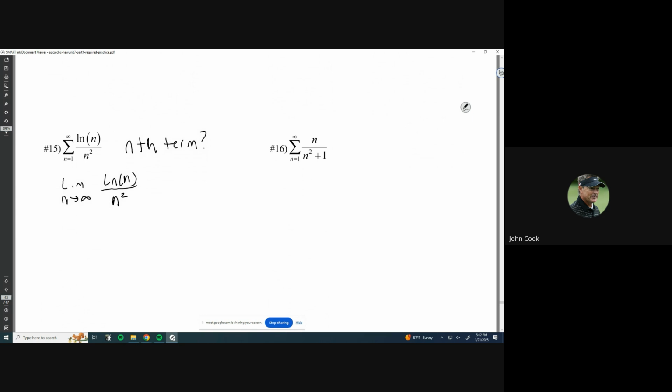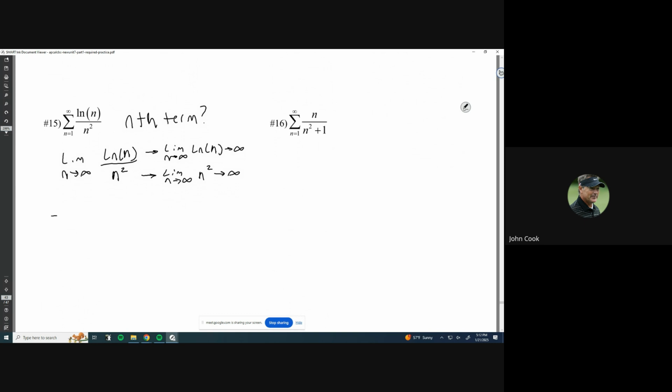So then let's see the top part. That becomes limit as n goes to infinity of natural log of n. So that'll go to infinity. And then the bottom part, that'd be limit as n goes to infinity of n squared. That also goes to infinity. So then I'd use L'Hopital's rule for this one.